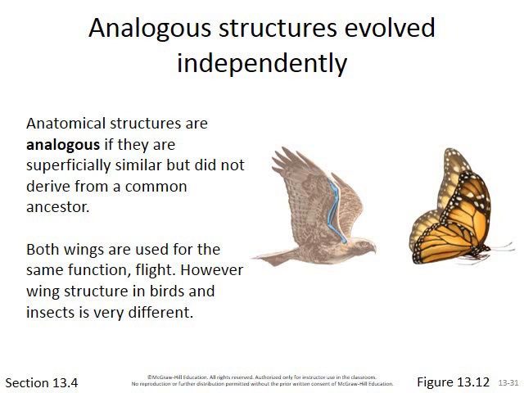So analogous structures are different than homologous structures. Homologous structures are ones that are shared among species. Analogous structures are ones that have evolved independently. So anatomical structures that are analogous are superficially similar but do not derive from a common ancestor.